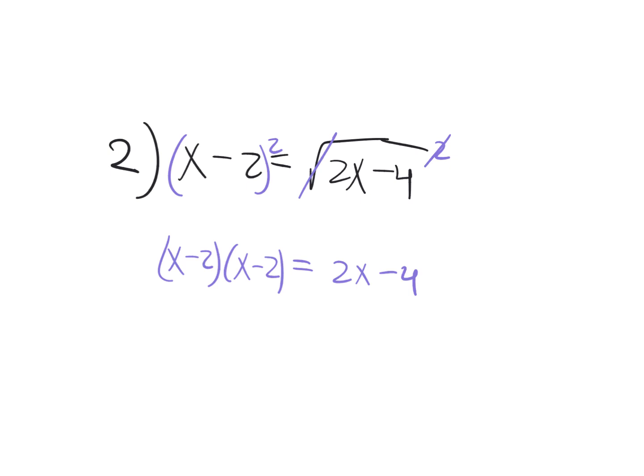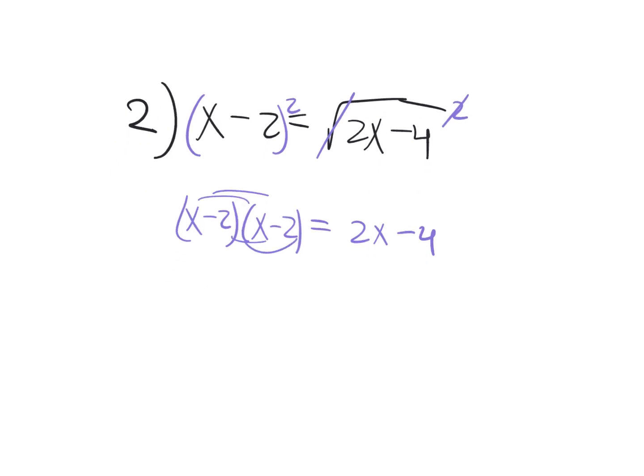And now you want to FOIL this. Set it equal to 0. So this is going to get us x squared minus 4x plus 4 equals 2x minus 4. And now this is a quadratic. We can get it equal to 0, so let's subtract 2x and add 4.